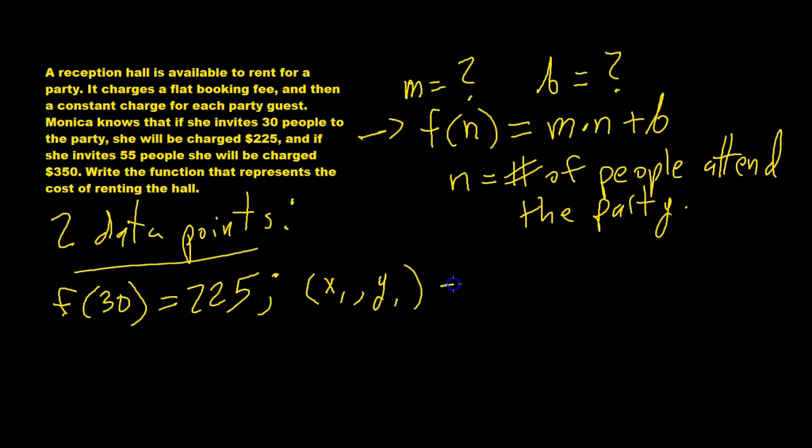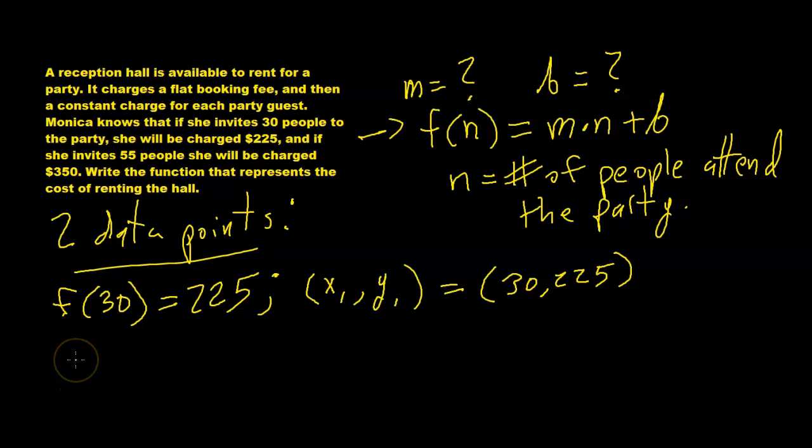We know that if f of 30 equals 225, there is a point on the graph of the line that we use to graph this function: 30, comma, 225, right? Because we know there's one point on this line where the independent variable is 30 and the dependent variable is 225, or stated in other words, where the input is 30 and the output is 225, right? So that's important.